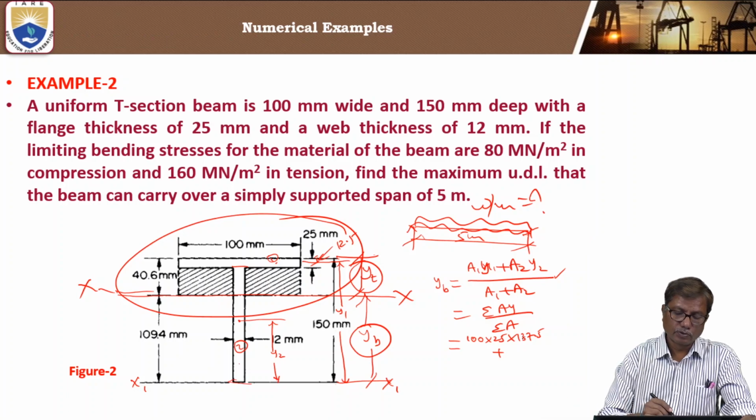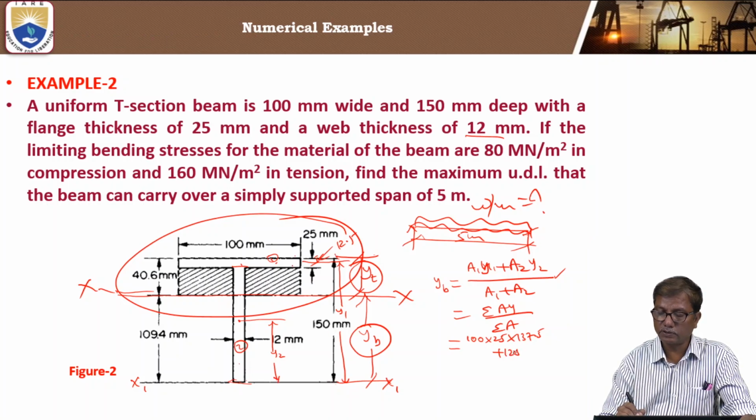Plus A2. What is the area of web? The thickness of web is 12 mm, and depth is 150 minus 25. That is 125 into 12.